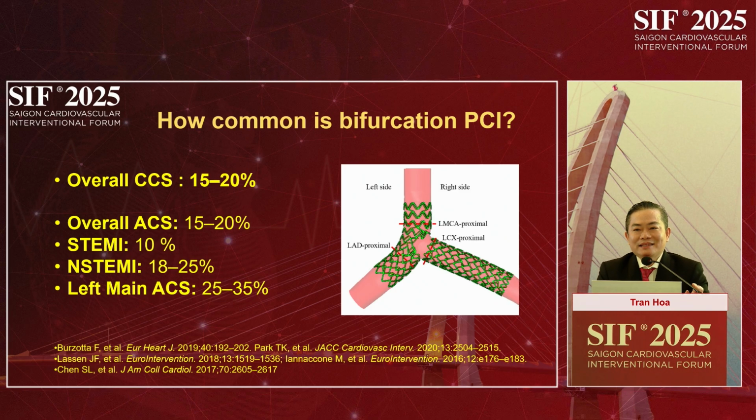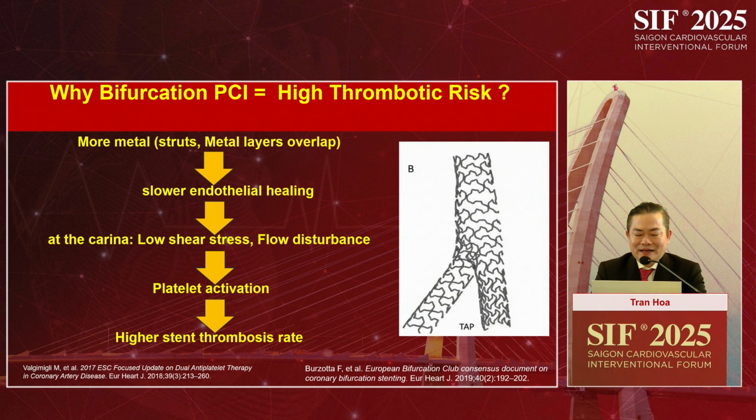So in daily practice you can do bifurcation PCI every day. In my cath lab we have 3 or 4 bifurcation lesions a day. So that is very common in clinical practice.